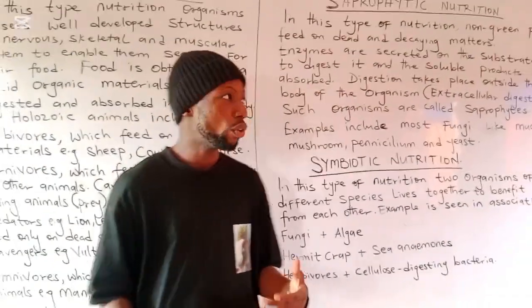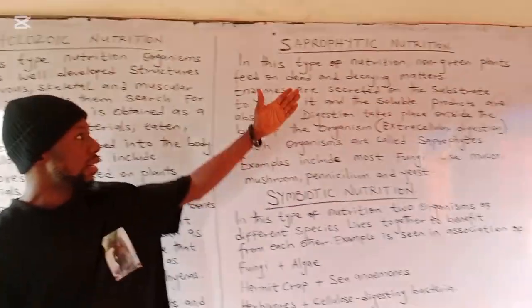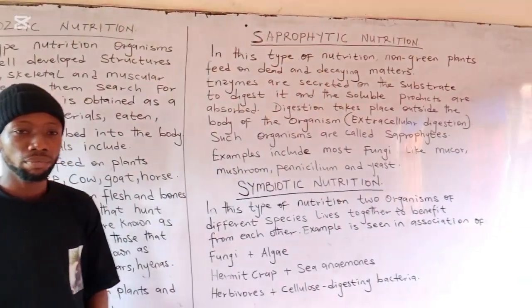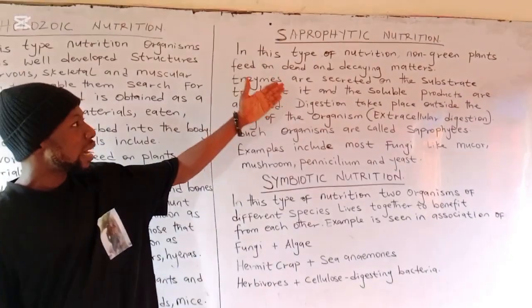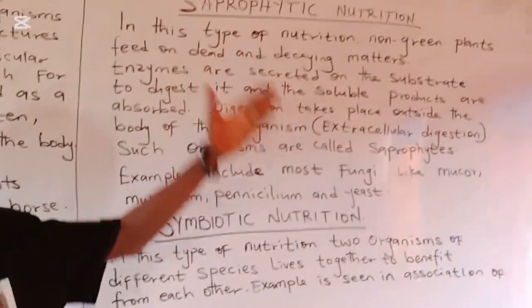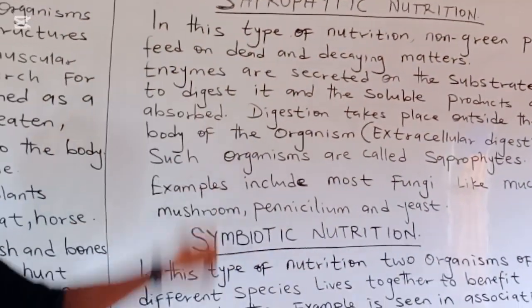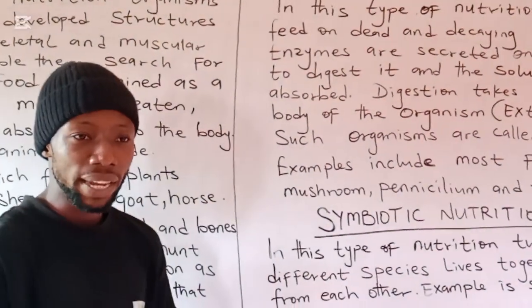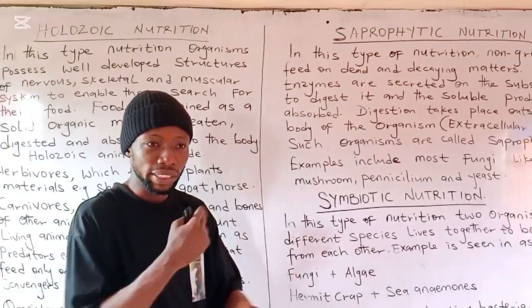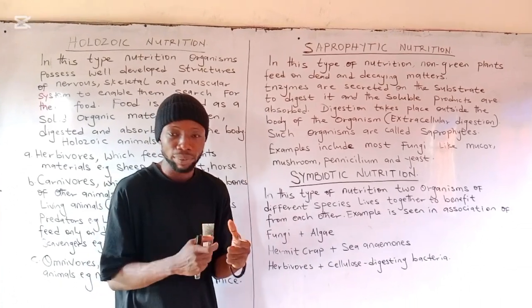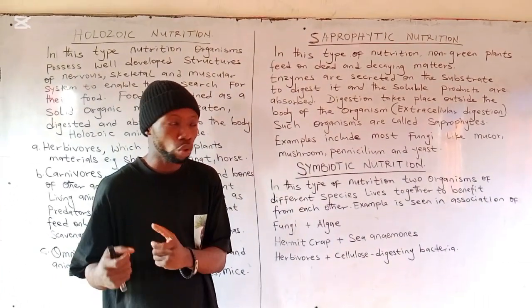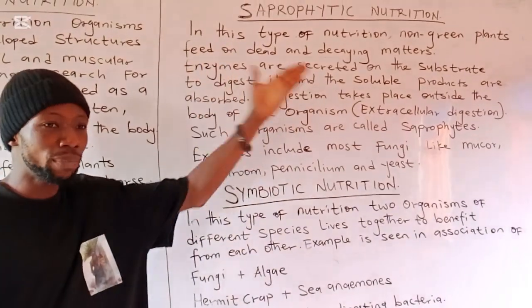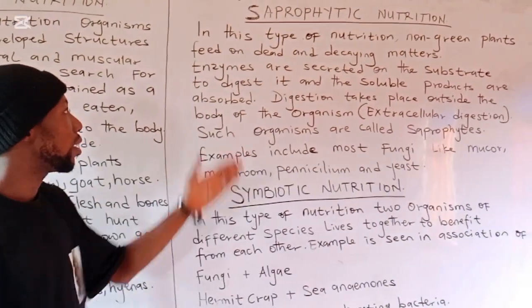That's all on Holozoic. The next on the board is saprophytic nutrition. In this type of nutrition, non-green plants feed on dead and decaying matter. These are non-green plants that cannot undergo photosynthesis as a result of the absence of chlorophyll and chloroplast. They depend on dead and decaying matter for nutrients.